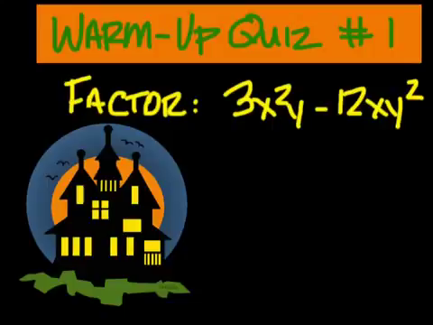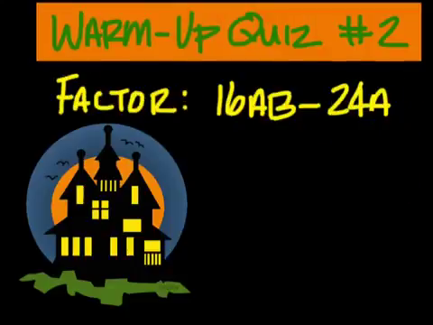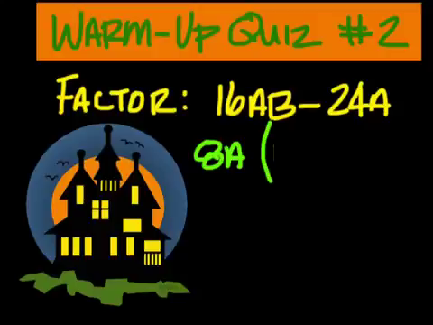For this problem, you can take out a 3xy and be left with x minus 4y. Alright, you can take out an 8a out of both of those and be left with b minus 3.